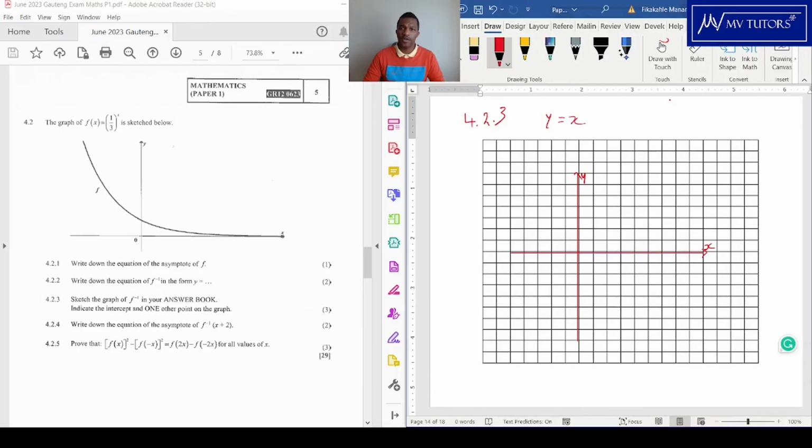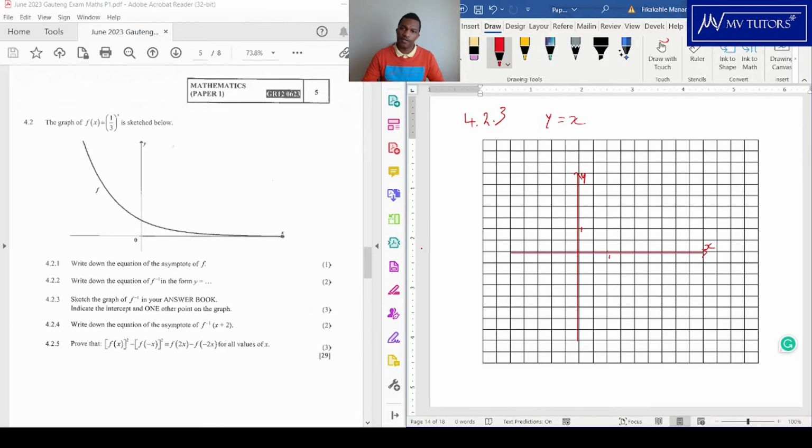If I put a mirror here and look at the original graph, x becomes y and y becomes x. So where we had a y here, it becomes the x here. For example, if the y was at 1 here, the graph is going to pass at x equals 1. And if the asymptote was y is equal to 0, the asymptote this time is x is equal to 0. So everything kind of shifts.